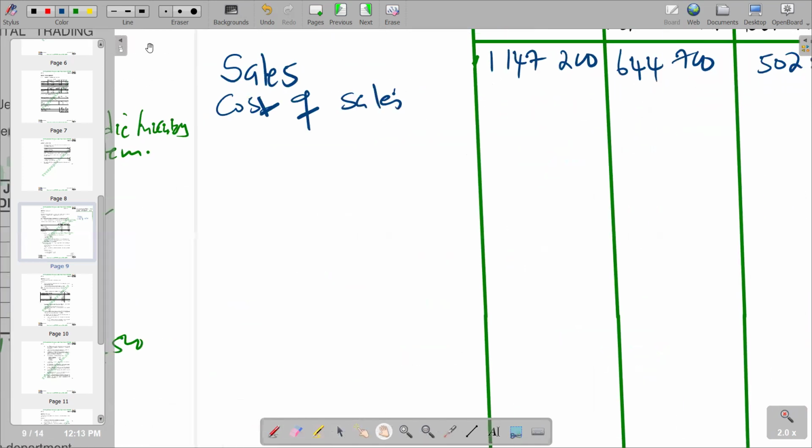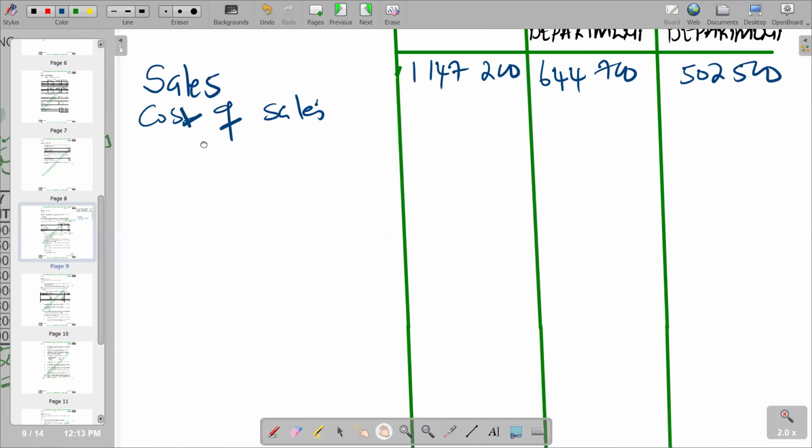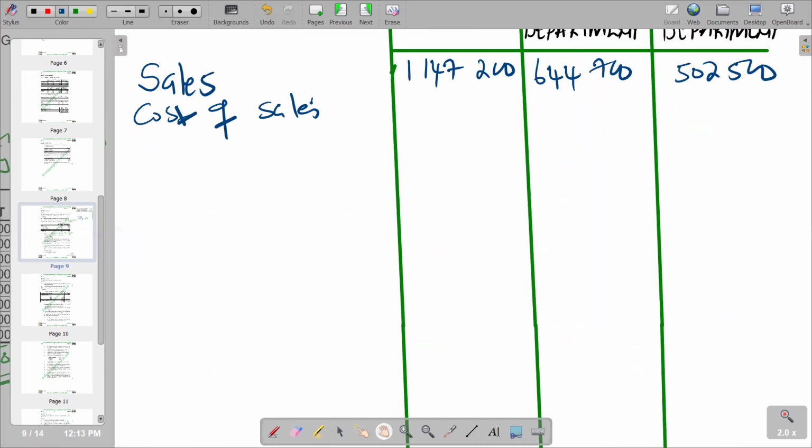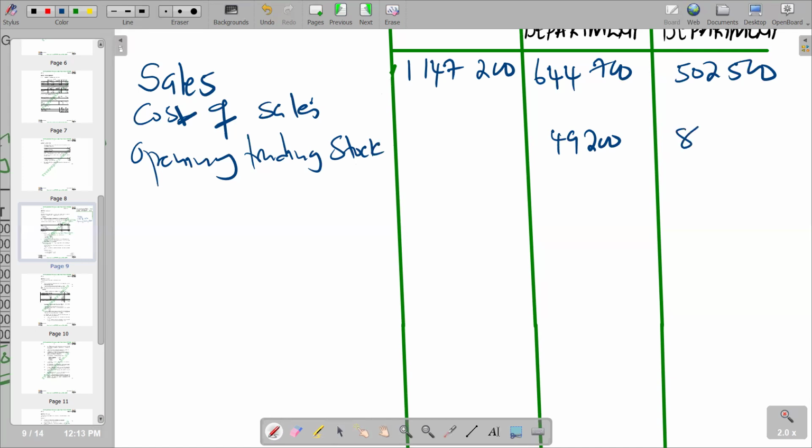So here we are saying opening trading stock, whereby we are having 49,200 for cosmetics, and for jewelry it's 89,800.